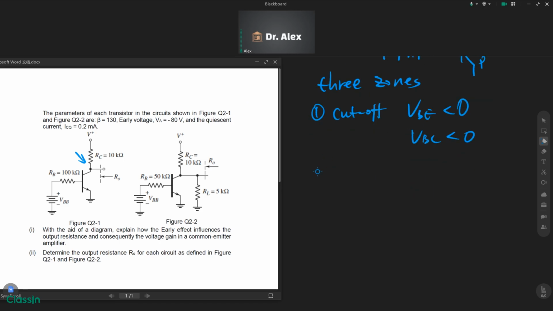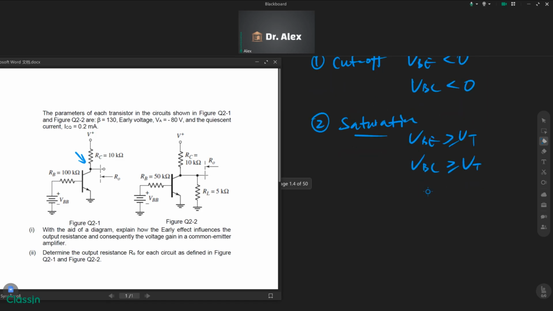The second one is the saturation zone, which is VBE bigger than VT and VBC bigger than VT. The bipolar transistor is basically made of two back-to-back diodes. If both diodes are conducting, it is the saturation zone, so basically the BJT is working as a pure wire.